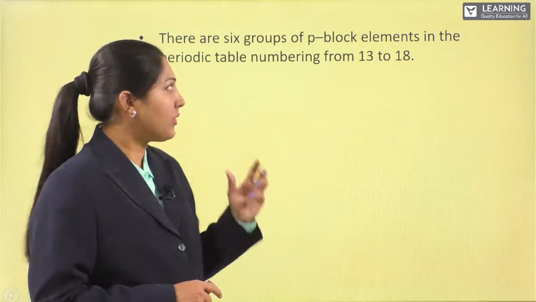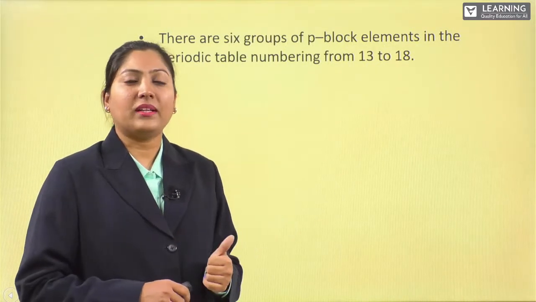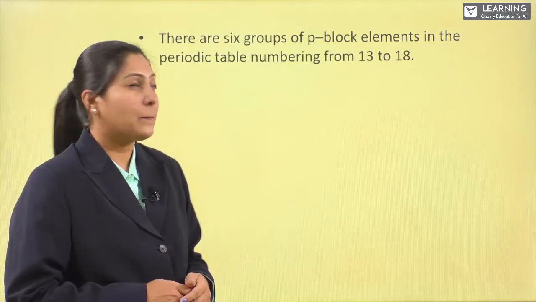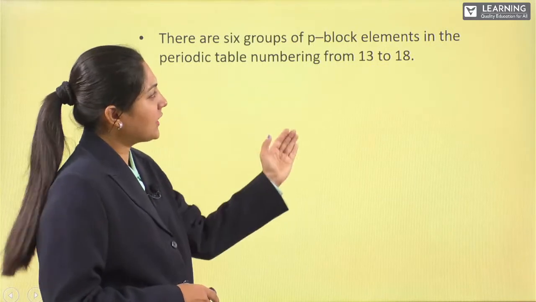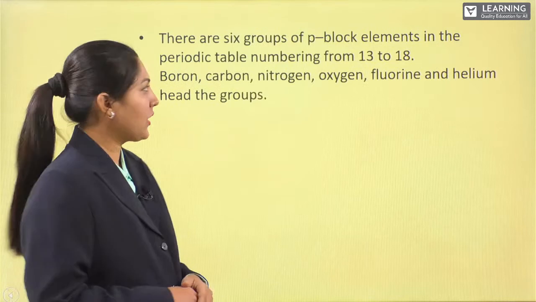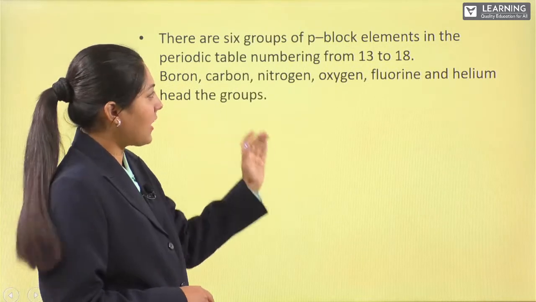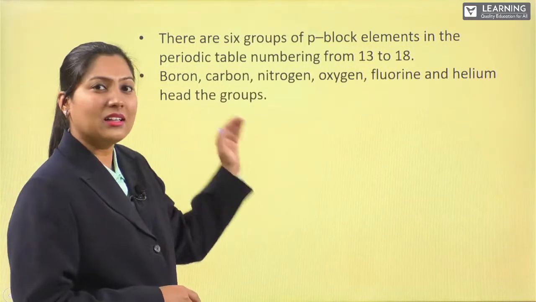So depending on those electrons we get the group. The p orbital can hold 6 electrons, and hence we have 6 P block groups starting from 13 to 18. And we have boron, carbon, nitrogen, oxygen, fluorine and helium heading the groups.